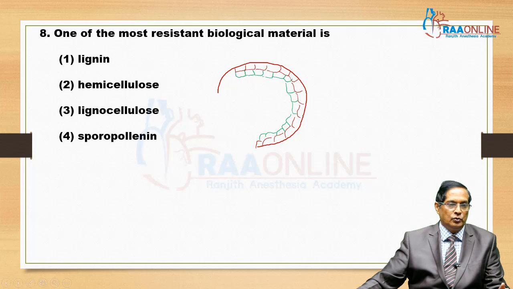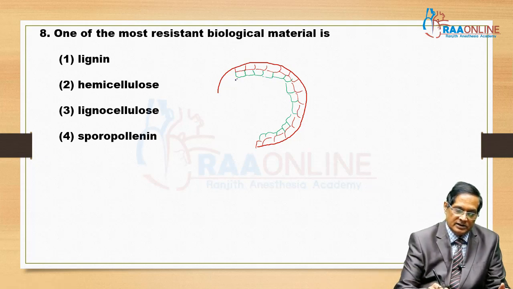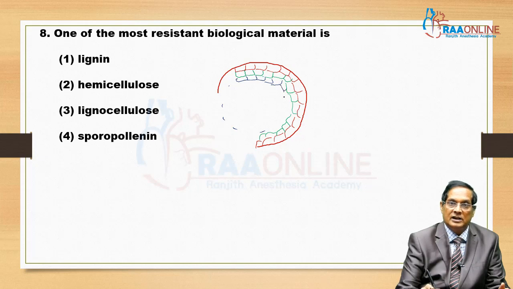Then 2 middle layers are present. These are the middle layers, which are concentric layers, and at least their number is 2.